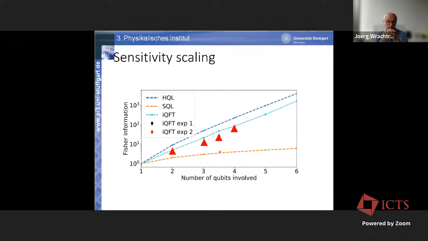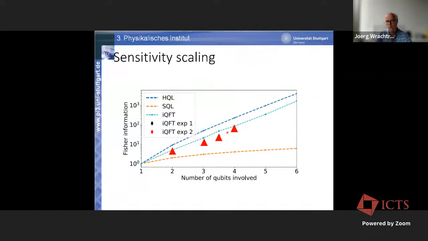And what I see is that if I apply this quantum Fourier transformation type of phase measurement in signals where I have multiple frequency components, then this scales somewhere in between the standard quantum limit and the Heisenberg limit. This light blue greenish curve is what you get from a calculation when you analyze the experiment, and these red triangles are what we are measuring in experiment.